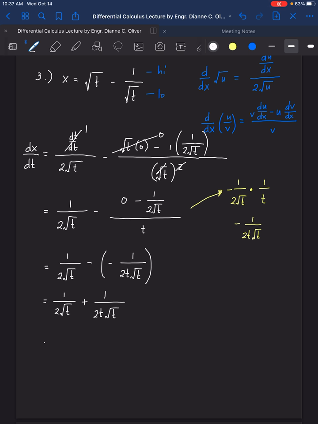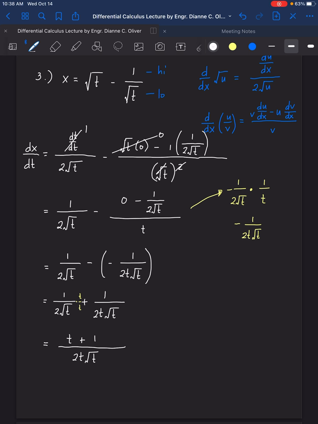Then for the common denominator, they have 2, and for the denominator we have 2t square root of t. And for this portion to have t on the denominator, we multiply it with t over t. So if that happens, it becomes t, right? Plus 1.